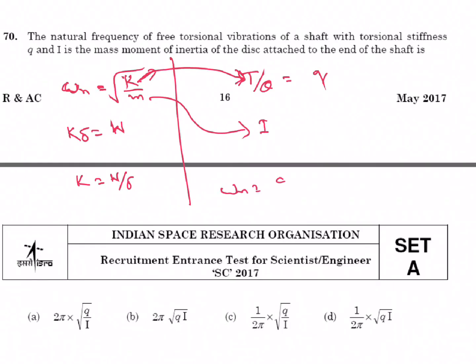So omega n you will get root over Q by I. From the options, 2 pi is available, so it's in Hertz. Omega n unit is radian per second. Here 1 by 2 pi is also available, so it's in Hertz terms. So Fn equal to 1 by 2 pi root over Q by I. C is your correct answer.